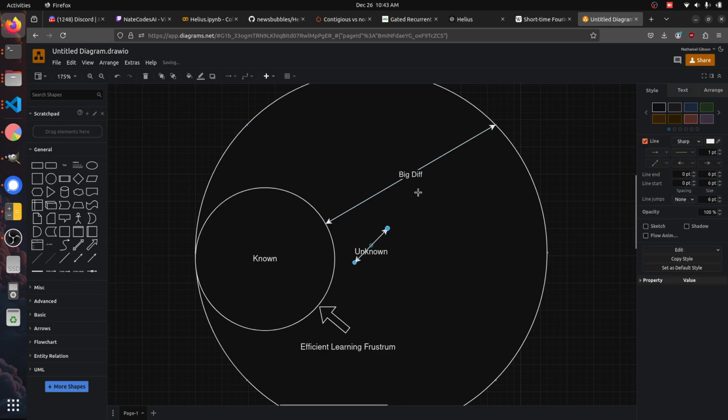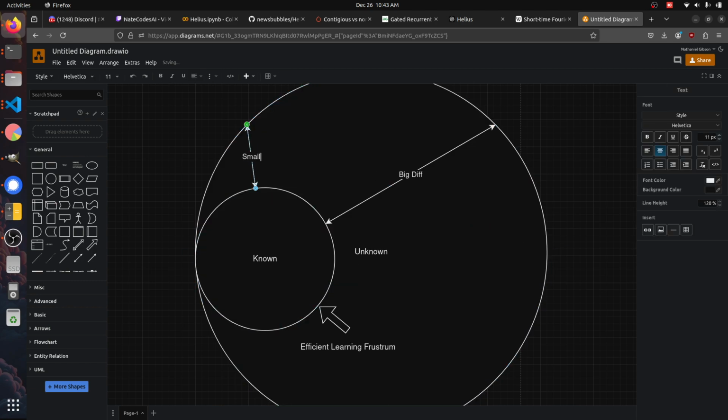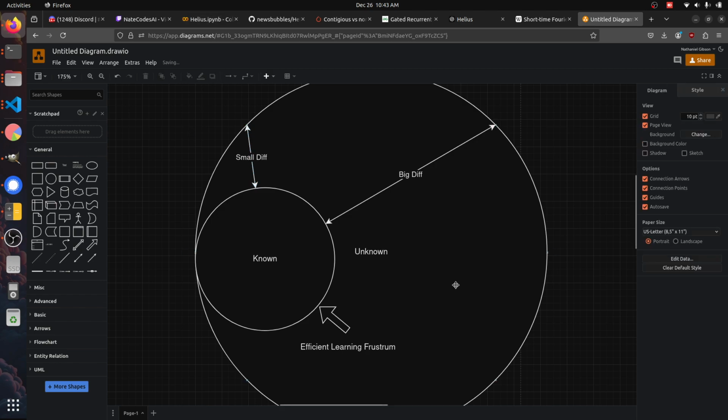Whereas if you were to draw a line from here to there, you got small diff, okay? So you can either learn here, or you can try to bridge this gap, okay?